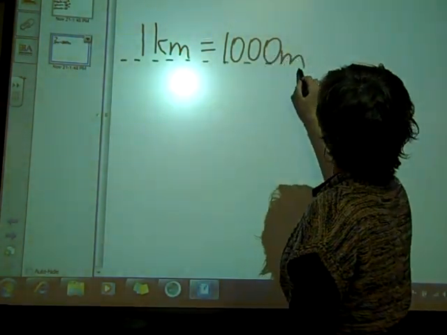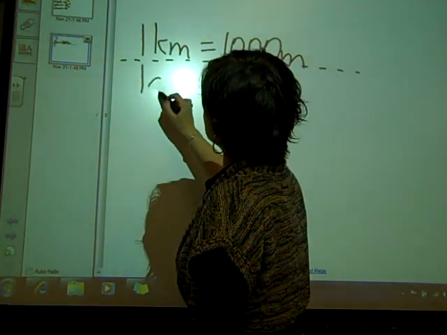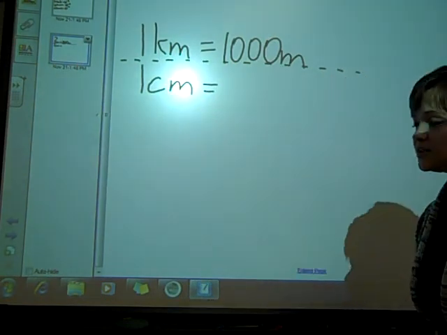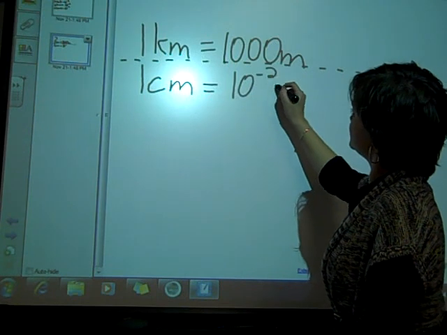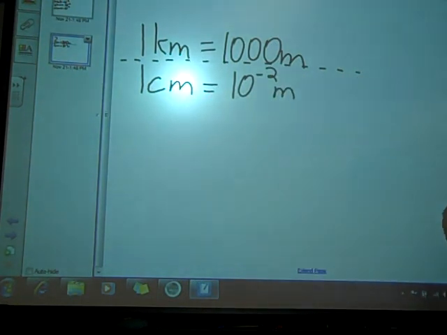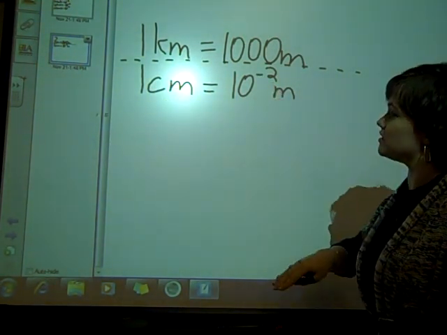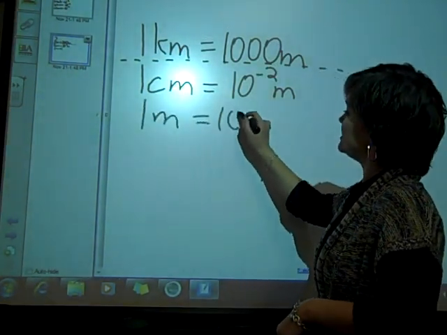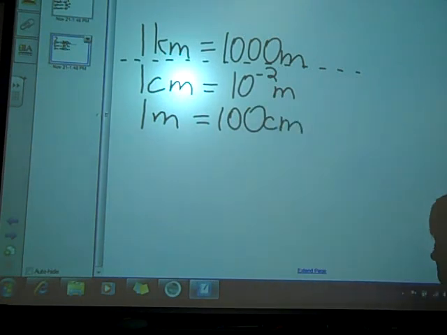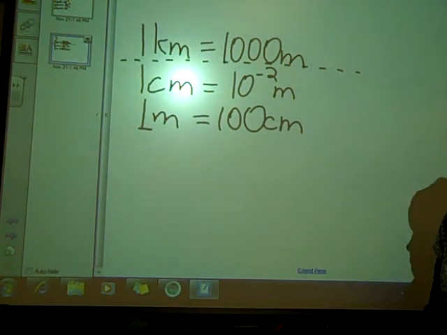From there, we start getting smaller. So 1 centimeter literally means 1/100th of a meter. Now that's kind of icky. I don't know about you, but I hate using negative exponents. So if 1 centimeter is 1/100th of a meter, I can flip that around. 1 meter contains 100 centimeters. And this is the version that I usually use in my chemistry classes.